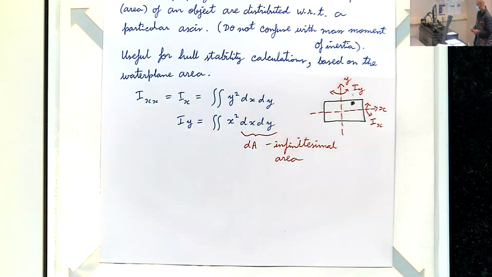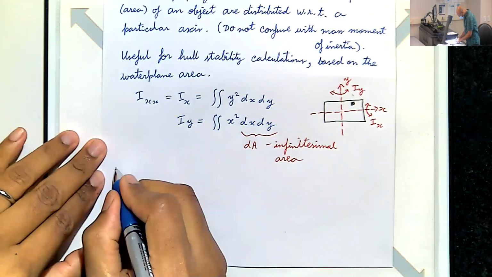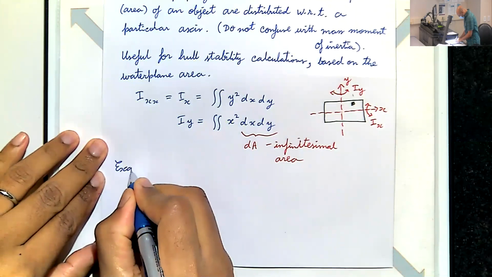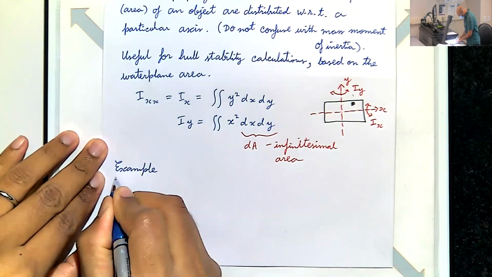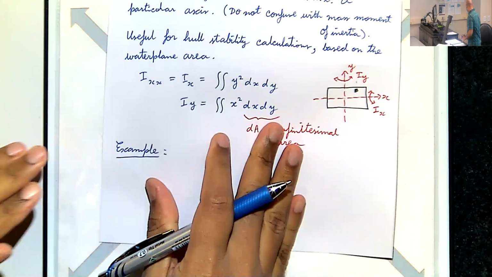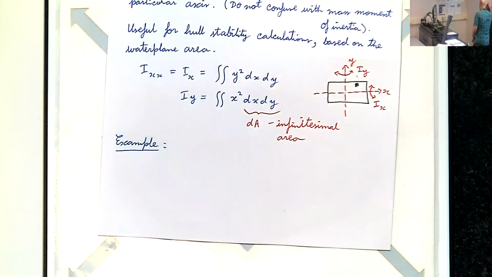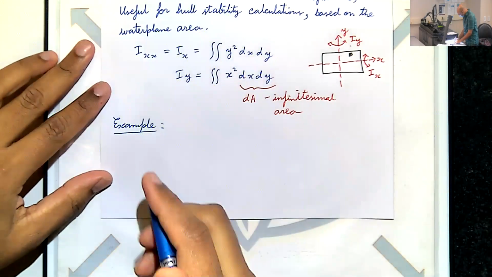Okay, and let's do an example. Let's start with a very simple shape that you've dealt with many times in statics, dynamics, etc. Let's talk about a rectangle.